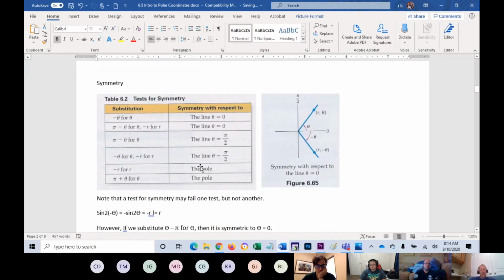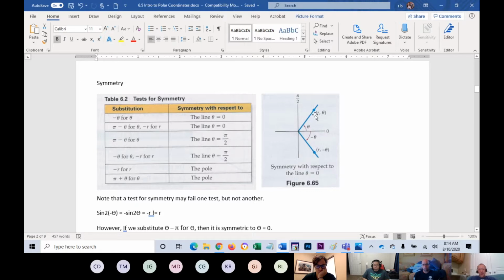Okay, let's talk a little bit about symmetry. If you can substitute negative theta for theta, then you're going to have symmetry with respect to your polar axis. So this would be an example of symmetry with respect to the polar axis.